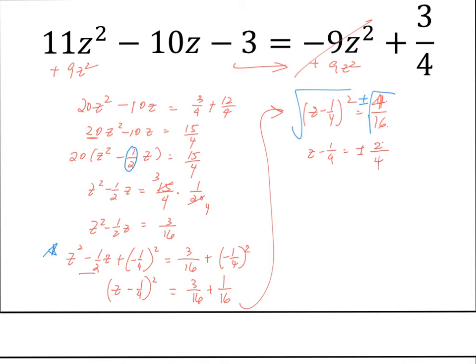So this would be half. And then I will have two answers. So I could change this to 2/4. Maybe I should have simplified in the beginning. 1 plus 2, 3/4. 1 minus 2, negative 1/4. This is a 1.